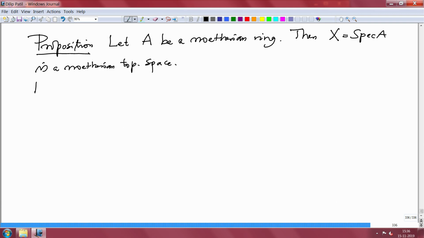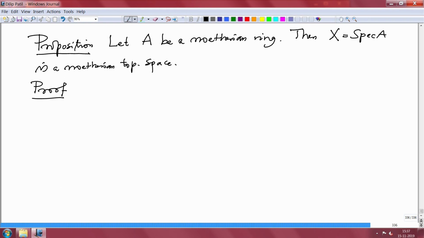So recall that a Noetherian topological space is the one which means that open subsets in X satisfy ACC, or equivalently closed subsets in X satisfy DCC. So that is the definition of Noetherian we have seen last time.